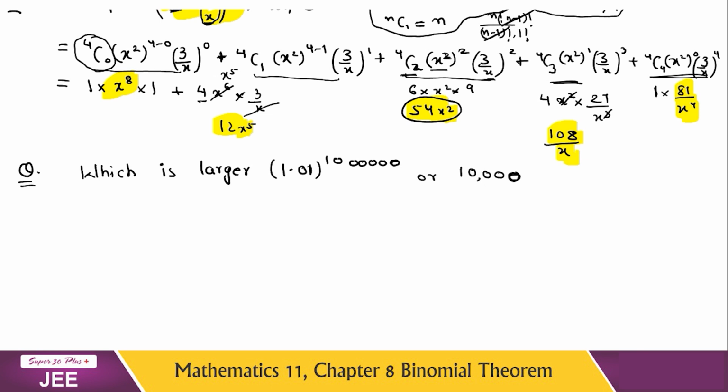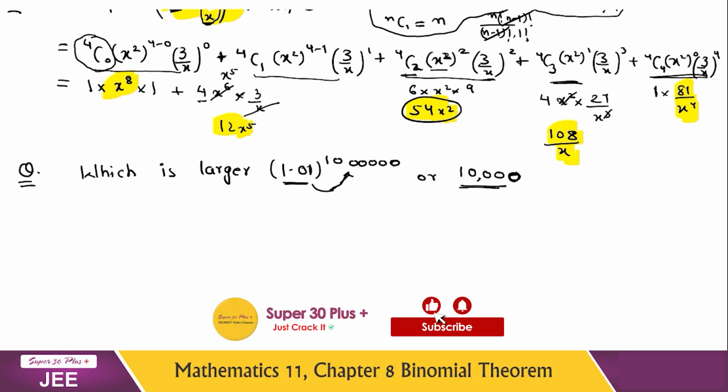Alright, so here I have written 1.01 raised to the power of this number and then 10,000. Out of these two quantities, which one is larger? 1.01 raised to the power 10 lakh or 10,000.